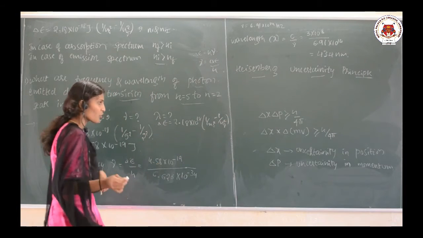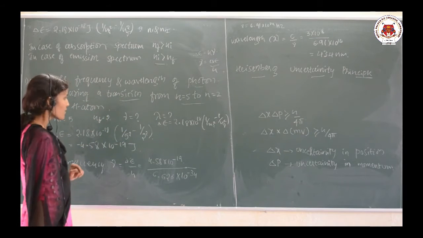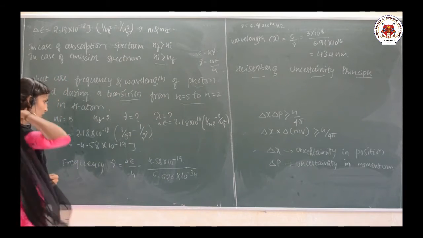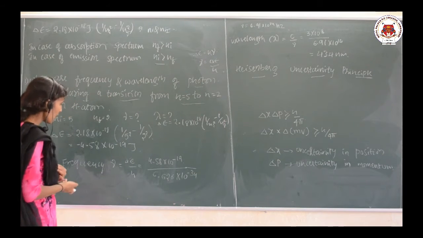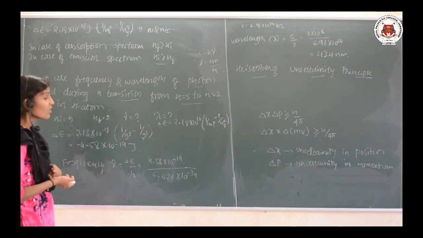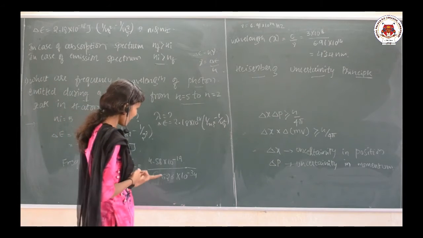First you write this formula, then go for the substitution, because the formula always carries 1 mark. Then I have substituted the value and calculated it will be around 4.58 into 10 to the power 19, and frequency is equals to E by H.